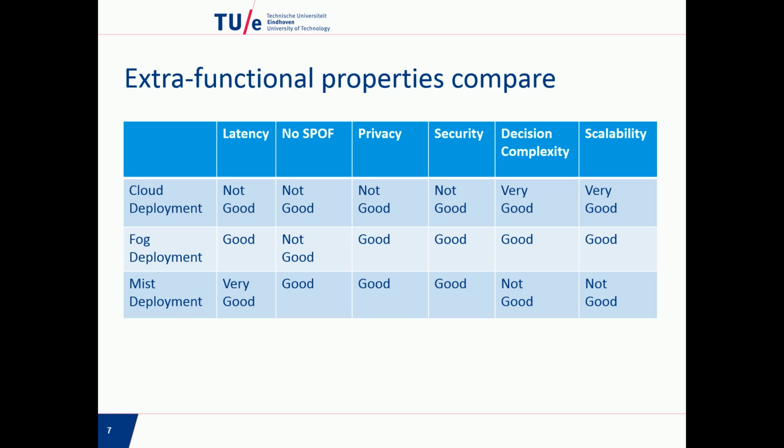The mist does not have good decision complexity because of its lowest processing capacity and the lowest storage.